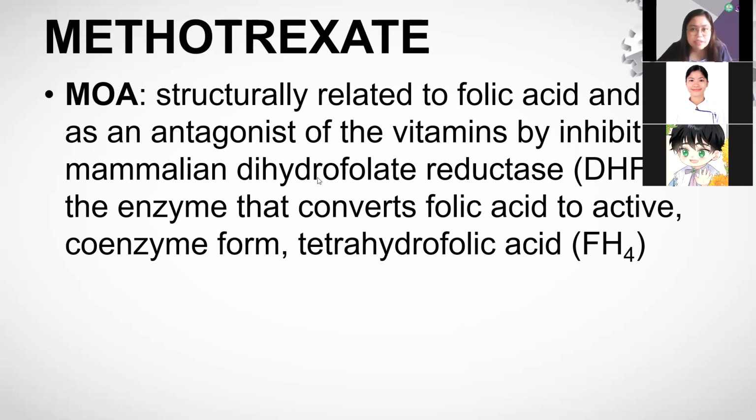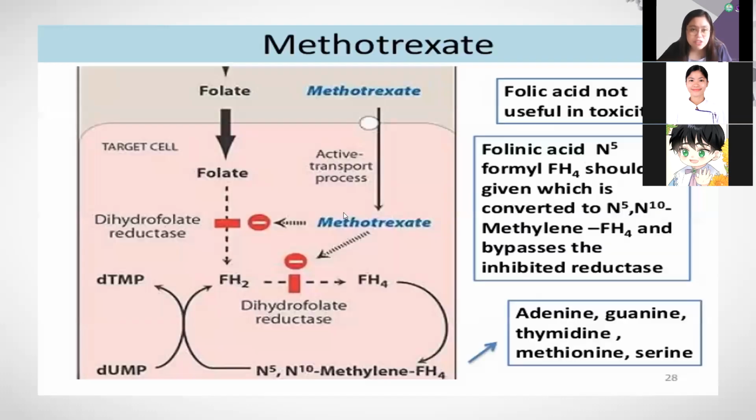What does it do? Methotrexate inhibits mammalian dihydrofolate reductase. This is an enzyme, the DHFR. And this enzyme is actually responsible for the conversion of folic acid to tetrahydrofolic acid or FH4, which is the active form that supposedly has activity for cell division.